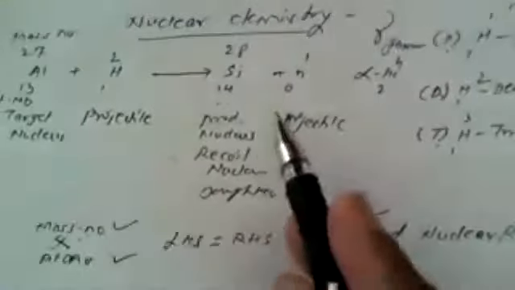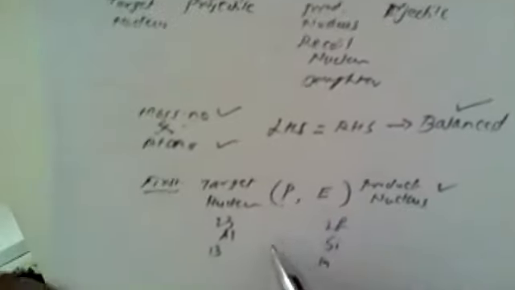So, by using this rule, how can we write this particular nuclear reaction? Here, the target nucleus is aluminum 13-27. Then the product nucleus is silicon 14-28. At first we write the target nucleus, at last the product nucleus.